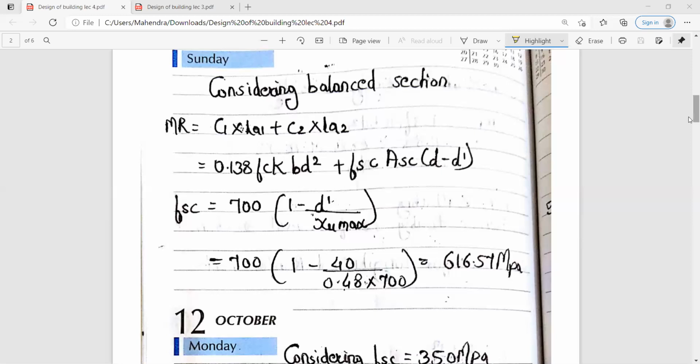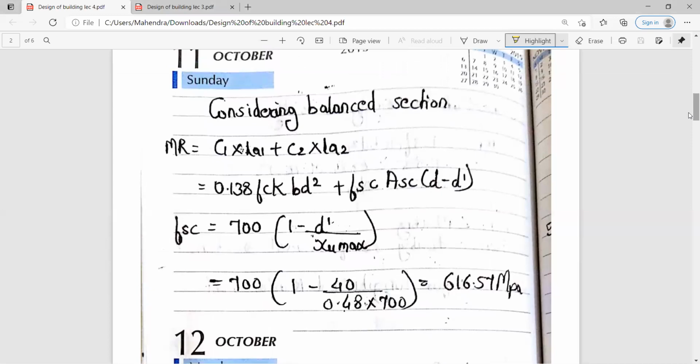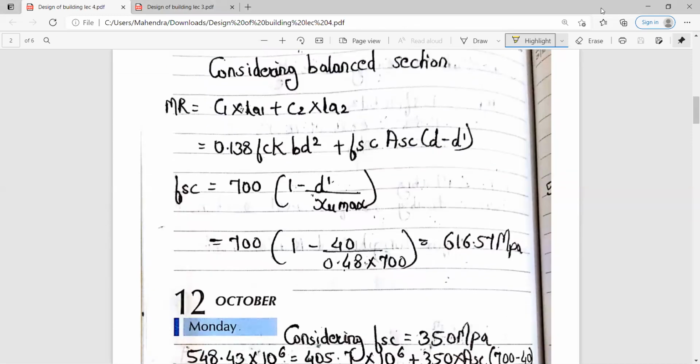But as per the IS code, you have to consider the minimum value for the FSC, that is 350 megapascal. Then we shall proceed further for calculation of ASC. But before that, calculate FSC, see whether you are also getting the same answer or not.